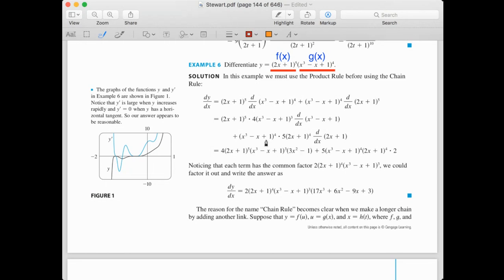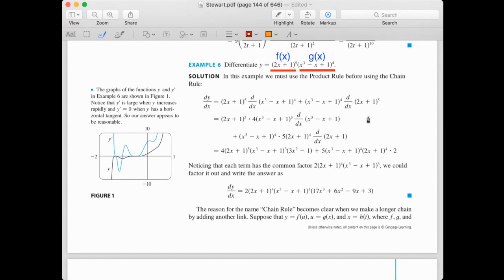We do the same thing for the second term. Chain rule, right? Chain rule is saying 5, move up front, subtract 1 from 5. So get 5 times 2x plus 1 raised by 4. Then multiply derivative of inside, which is just 2. 5 times 2x plus 1 raised by 4, multiply by 2, and multiply by g of x.